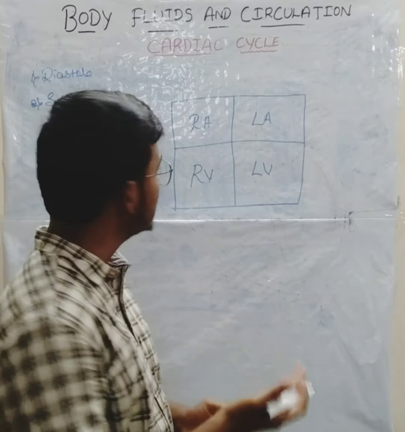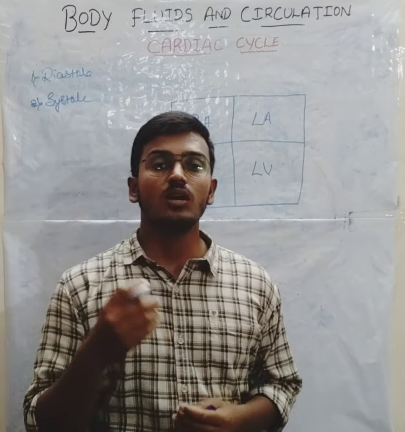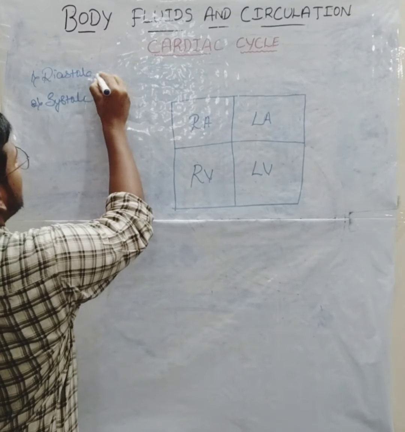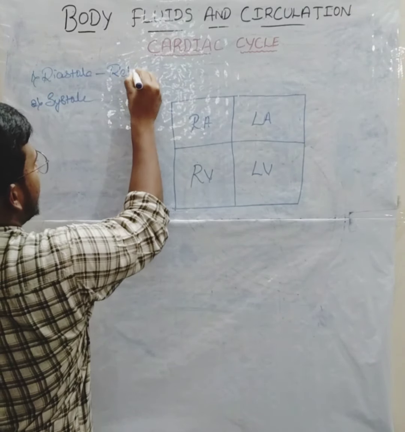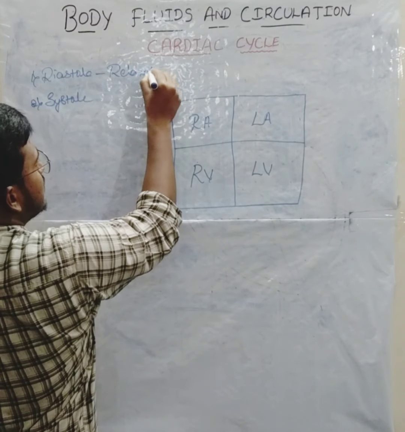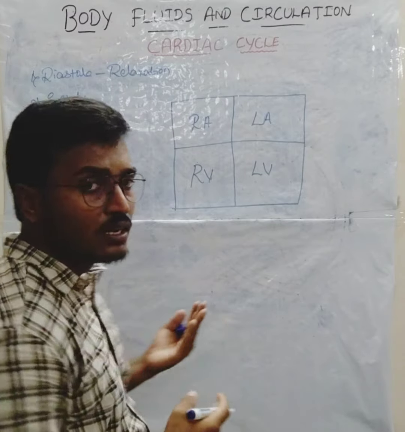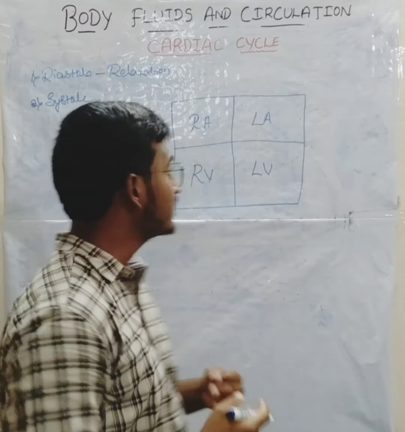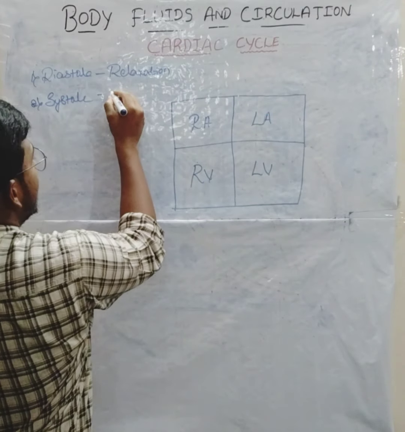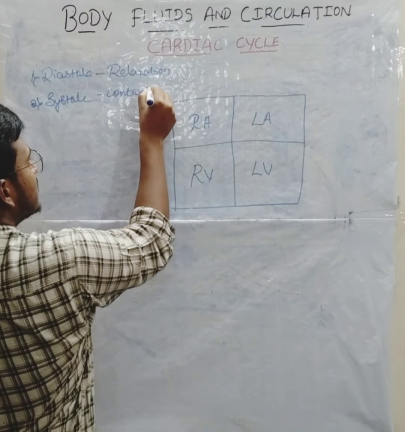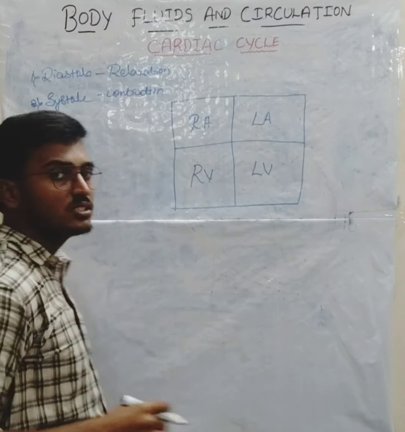Diastole is nothing but the relaxation of the heart. It's the phase where relaxation of the heart takes place. And systole is the contraction of the heart. How the contraction of the heart takes place at the systole phase.